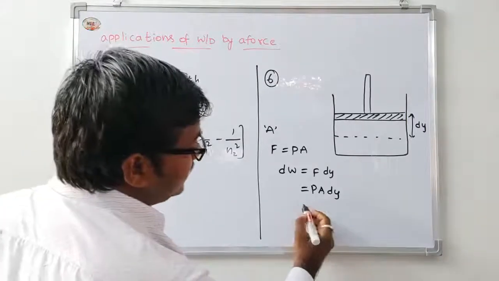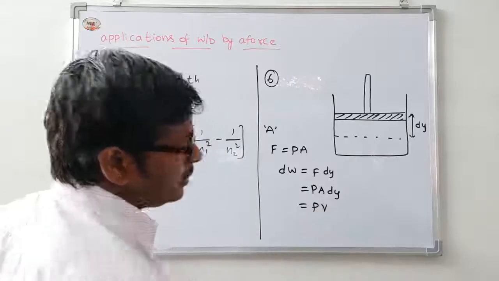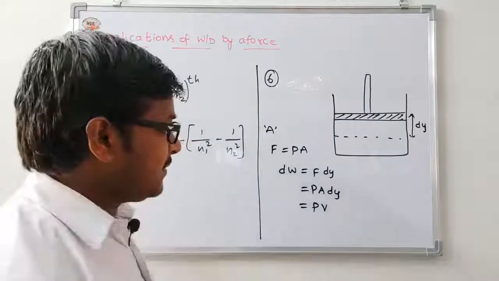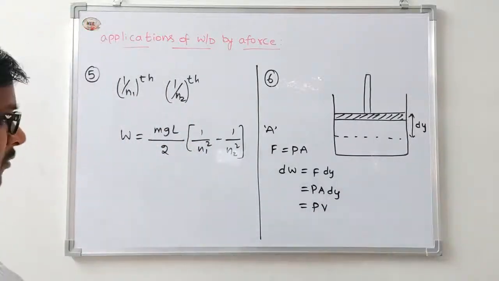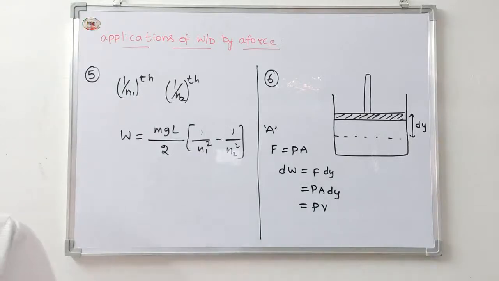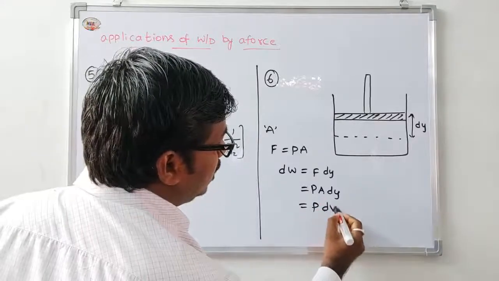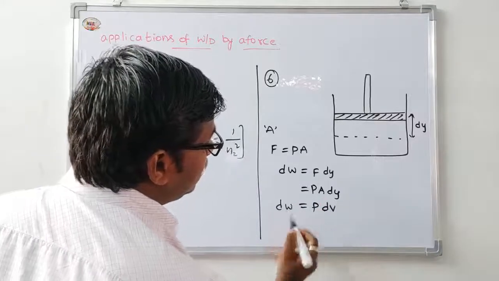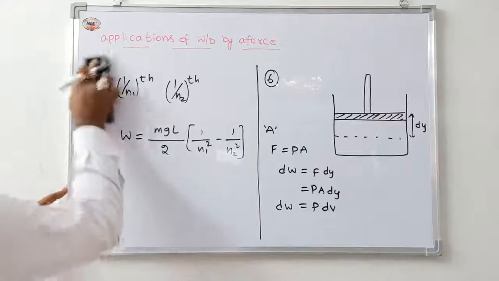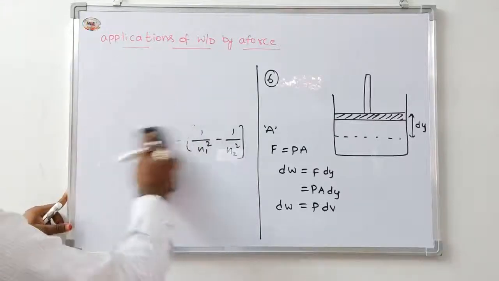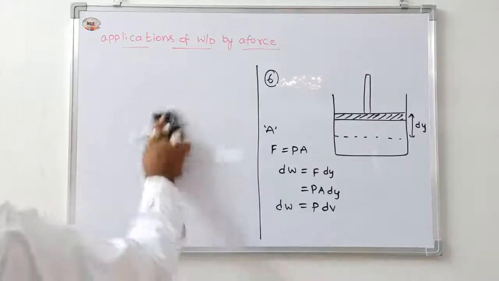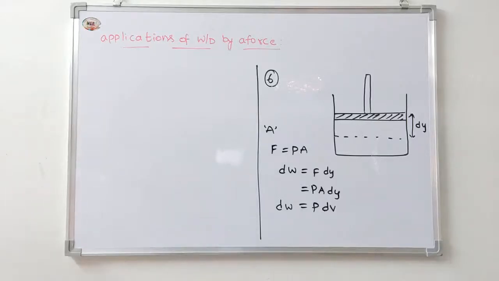Area into displacement is the volume, so dW is equal to P dV, where dV is the change in volume of the gas.